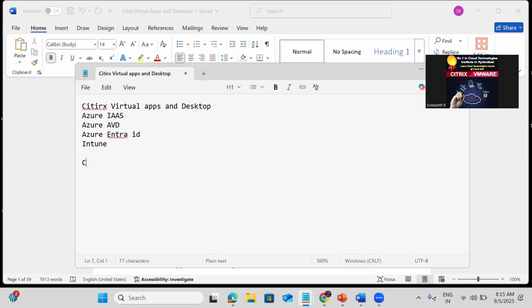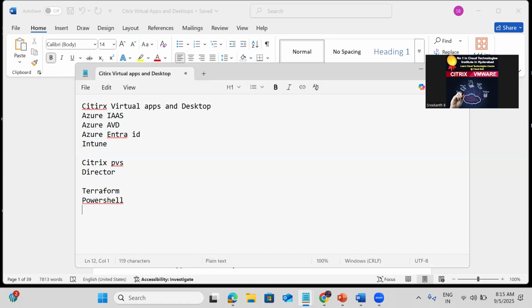And even in Citrix, we have Citrix Provisioning Services. Then we have StoreFront, which is part of that. For monitoring, we have Director. From the Azure side also, we are going to provision the resources through Terraform and PowerShell.